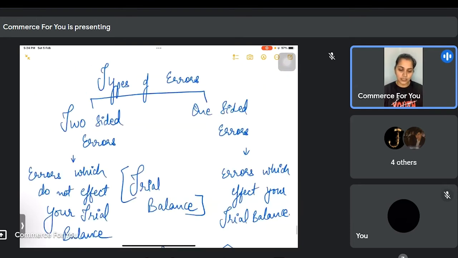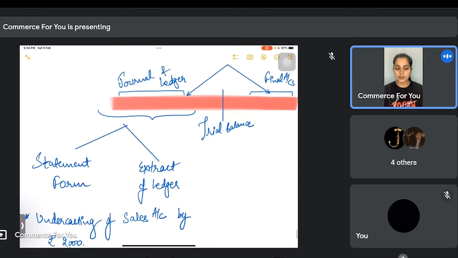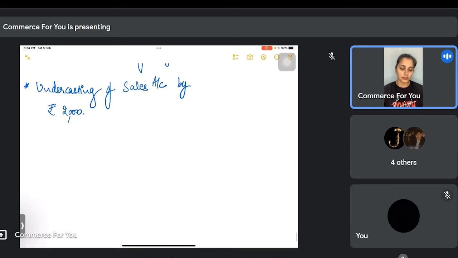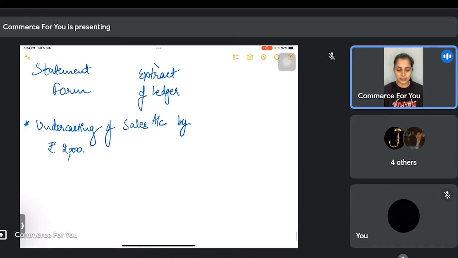So for this one-sided error, if you identify it before the trial balance, you are going to record it like this in statement form. First of all, you need to identify what the sales account is for you. It's revenue. What is the balance of revenue? It's credit. And if it is undercasted, that means it is recorded less and you have to increase it. For increasing the same, you need to move in the same direction.